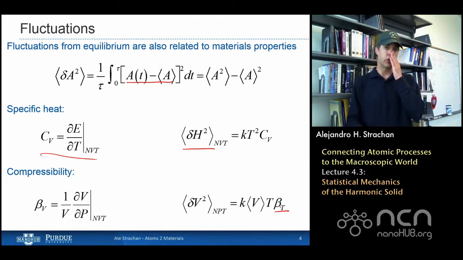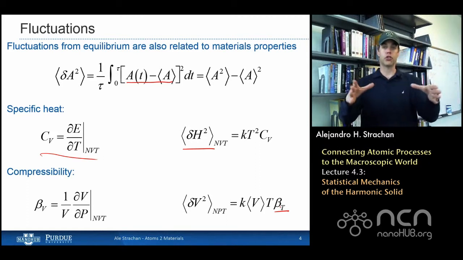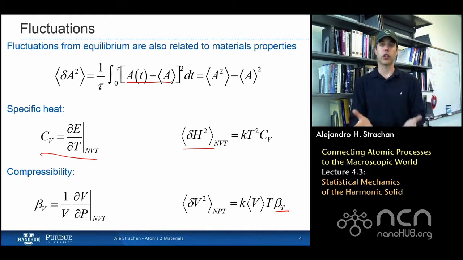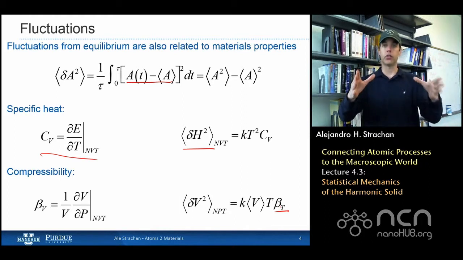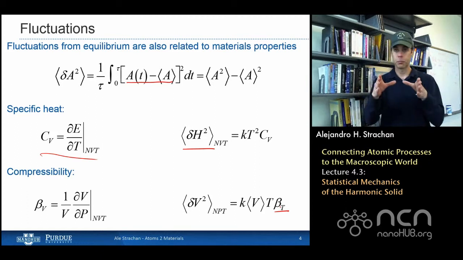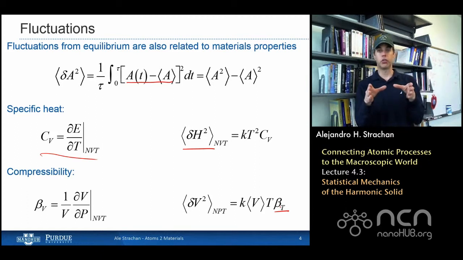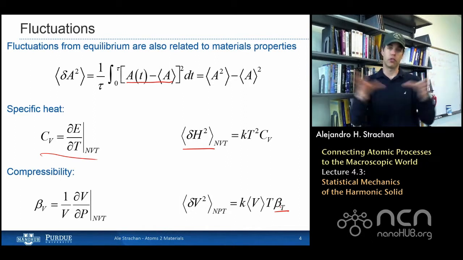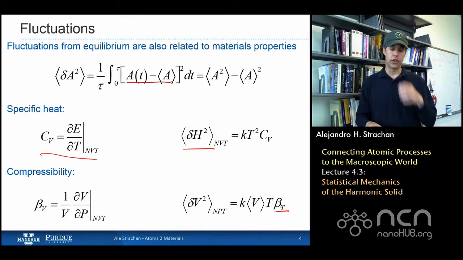If I have a system under constant pressure, in contact with a bath at constant pressure, the fluctuations in volume have to do with their compressibility.